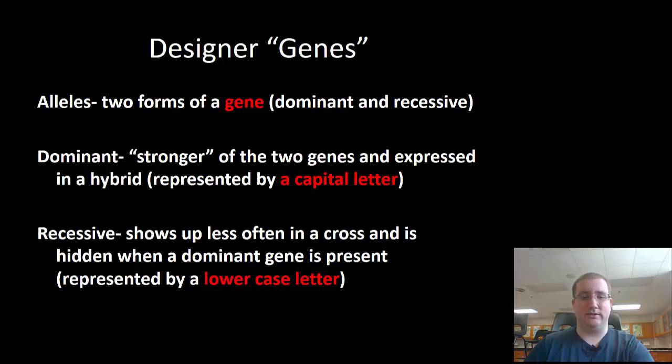The other form of the gene is usually recessive, so it shows up less commonly, because it is going to be masked and hidden when a dominant gene is present. So if you have a dominant gene, usually it's going to be expressed. And if you have one copy of the dominant and one copy of the recessive, the dominant is going to mask that recessive. And the recessive we represent by a lowercase letter.